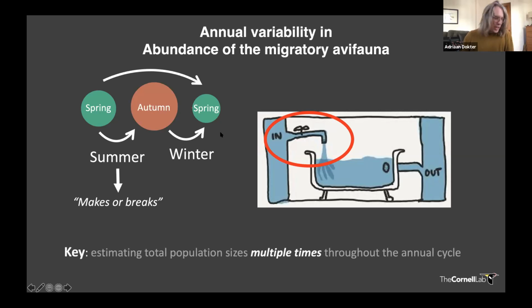Now I want to take one step back and think about what was really key in this analysis. I think what made this possible is that we estimate the total population size, in this case the population size of all migratory birds flying over the US, multiple times throughout the annual cycle.